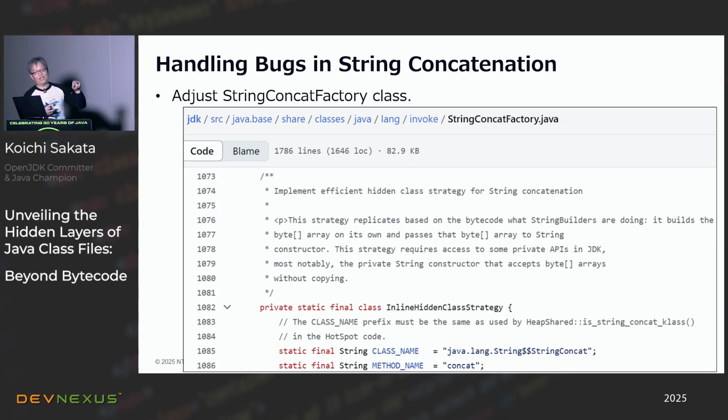The inline hidden class strategy replicates, based on the bytecode, what string builders are doing. This approach prevents excessive memory usage and long compile times. Implement an efficient hidden class strategy for string concatenation.